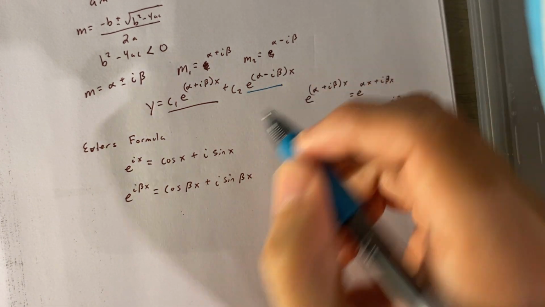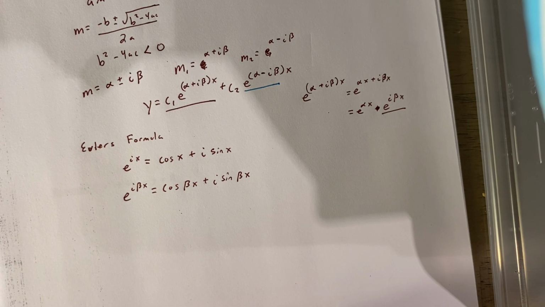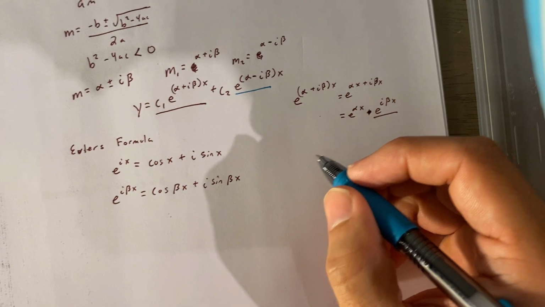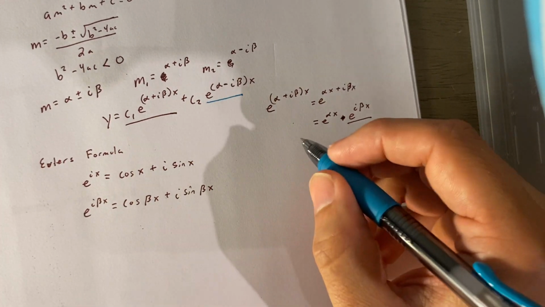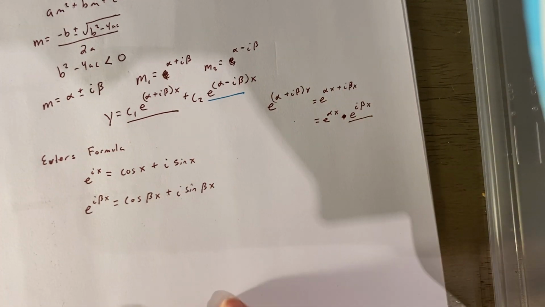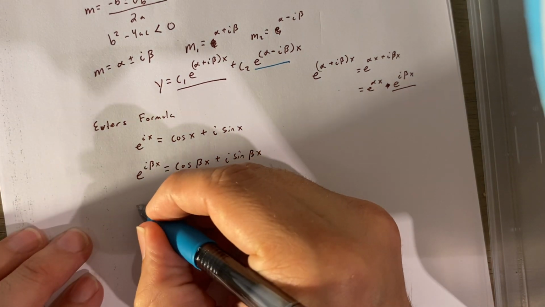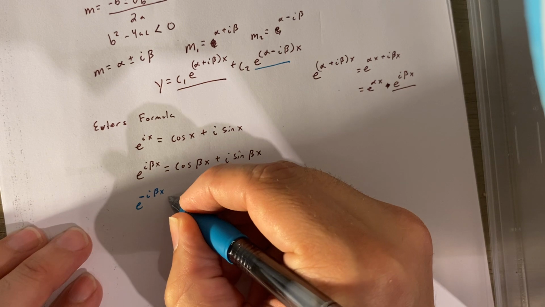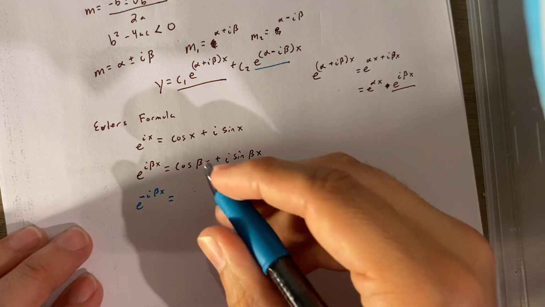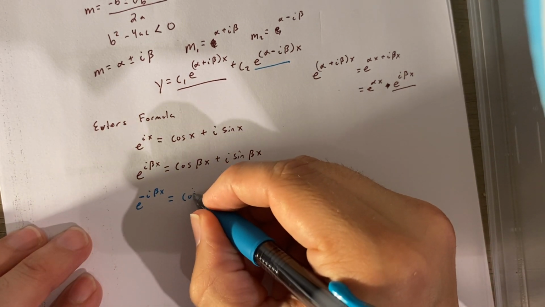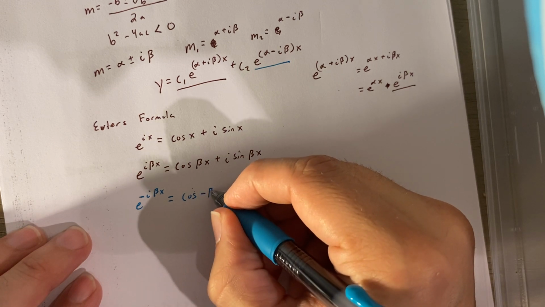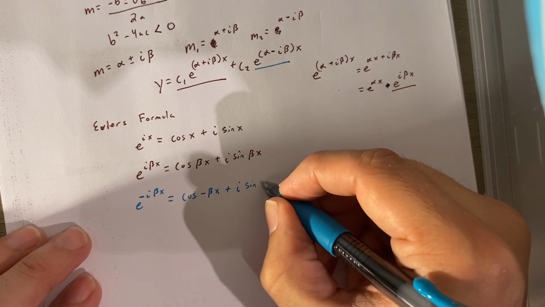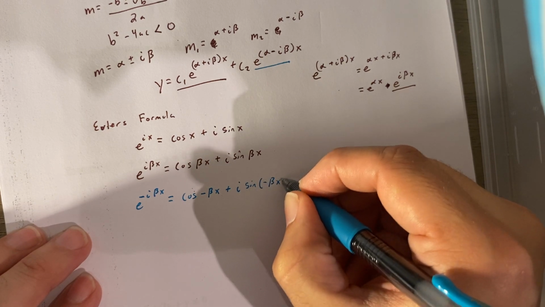So e to the alpha minus i beta, all that times x. I'm going to rewrite that here and substitute in. So we have e to the negative i beta x, and that's going to be equal to cosine of negative beta x plus i sine of negative beta x.